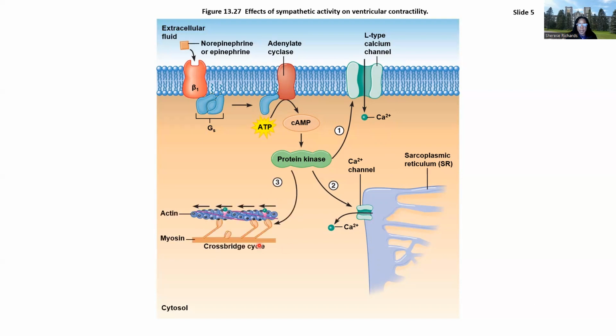The myosin ATPase rate on the myosin heads, if they can be moving faster, will increase the ventricular contractility, how much force is being generated by these cardiac cells. And then lastly, if we can increase the calcium ATPase pump on the SR, in other words, pumping more calcium back into the SR to allow the muscle to relax more quickly, then that will also increase the rate and the contractility of these cells as well.